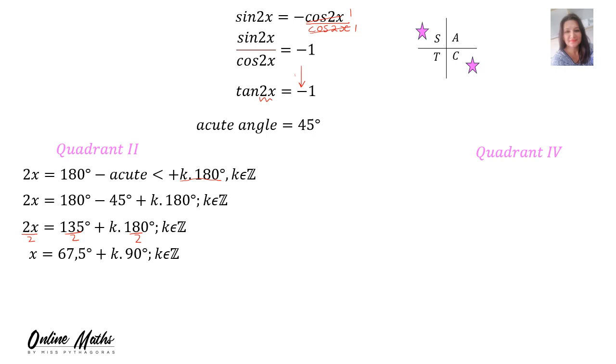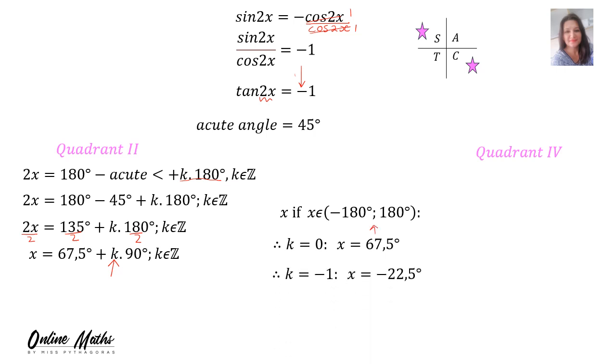But the question did not ask for the general solution, it asked for a specific solution inside the interval x is an element of minus 180 up to 180 degrees. So now into the general solution, you can start by substituting k is equal to 0, and then your x value is 67,5 degrees, and this one is valid because it lies within that interval.